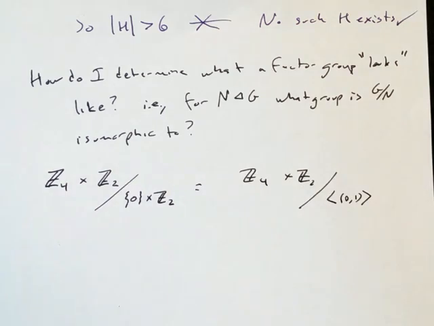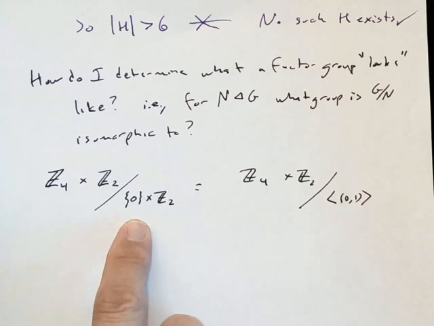Because what's the 0, 1 plus the 0, 1 in this group? Yeah, what's 0, 1 plus 0, 1? 0, 0. Which is the identity, which means I've gotten all the way. So the subgroup generated by this contains two things, and it's these two.